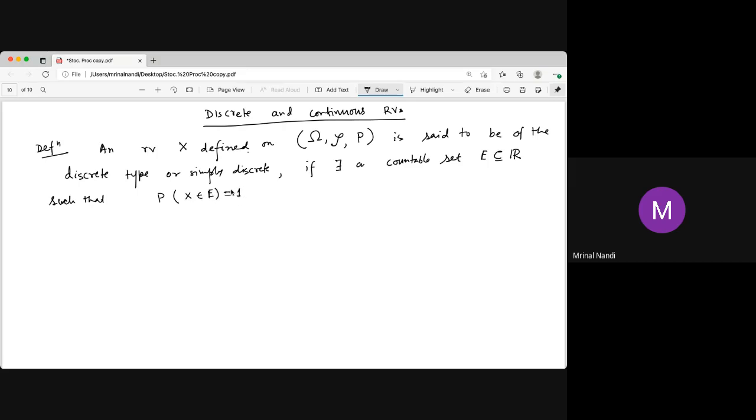The probability of it being outside that set is zero. So this is called a discrete random variable.